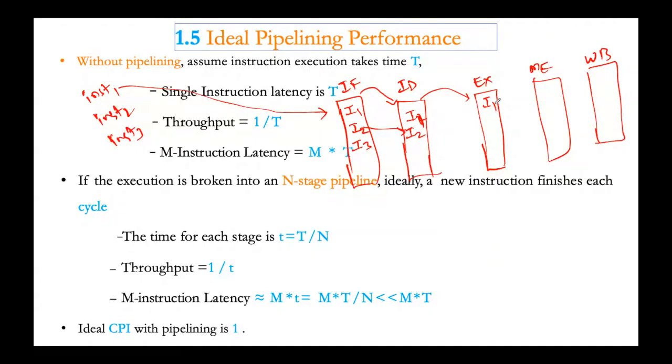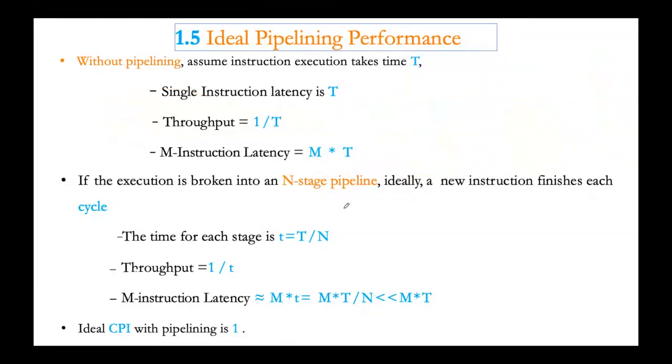In the fourth cycle, instruction 1 goes to the memory access stage, instruction 2 goes to execution, and instruction 3 enters instruction decoding. Now there will be some hazards. In the propagation there is a possibility that multiple instructions may have some difficulties.